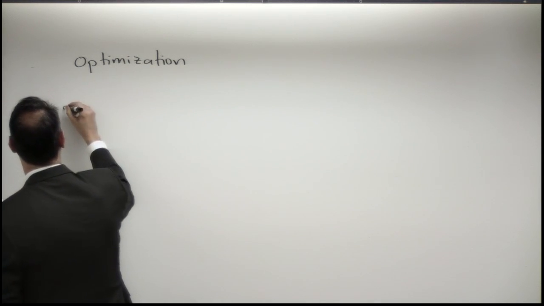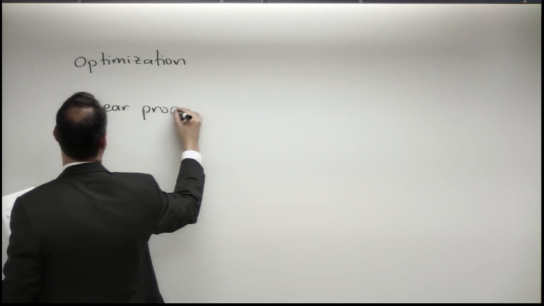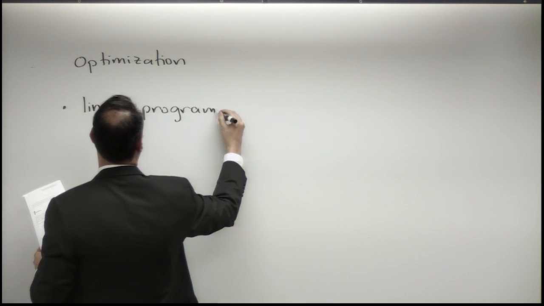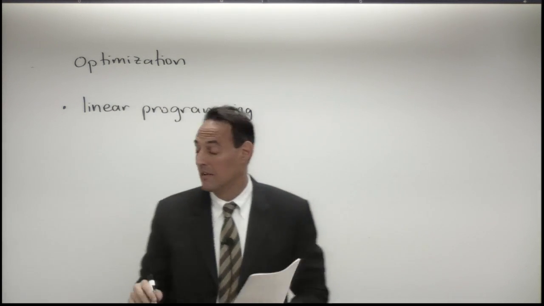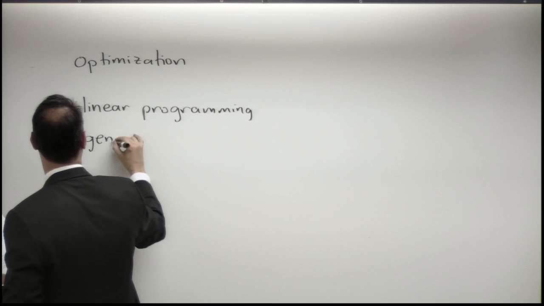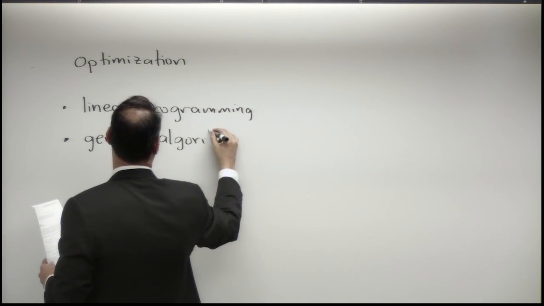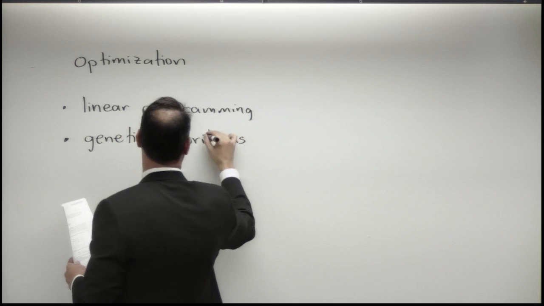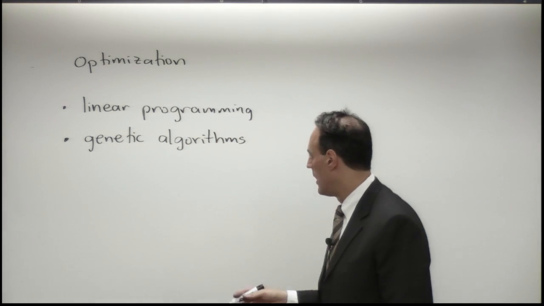One is called linear programming. And the other is called genetic algorithms. Okay, so these are ideas that are important to us.